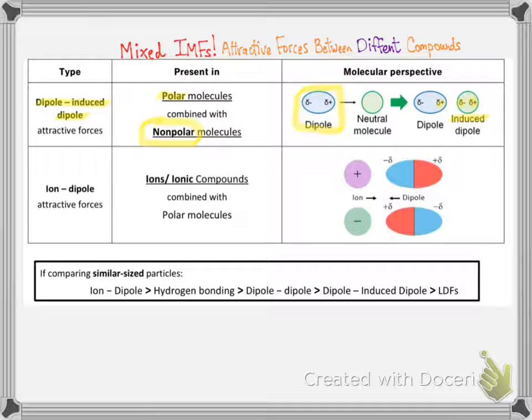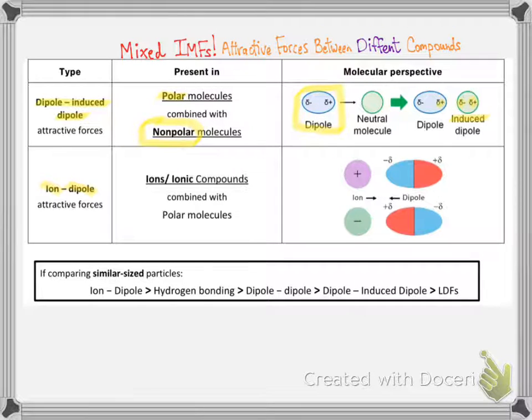Similarly, but more strongly, what is actually even stronger than hydrogen bonding attractive forces, ion dipole attractive forces. This is what happens when you dissolve salt into water. Ionic compounds, if they are soluble, will ionize into charged particles.